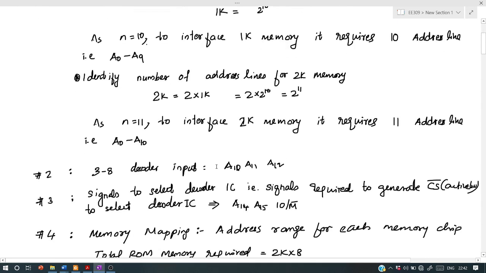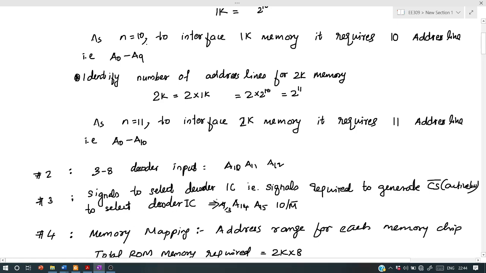That is, the next step is to select the inputs to the 3 to 8 decoder, which are selected here as A10, A11 and A12. Then we need to create a signal to select the decoder IC, that is the signal required to generate CS bar, the active low signal to select the decoder IC.